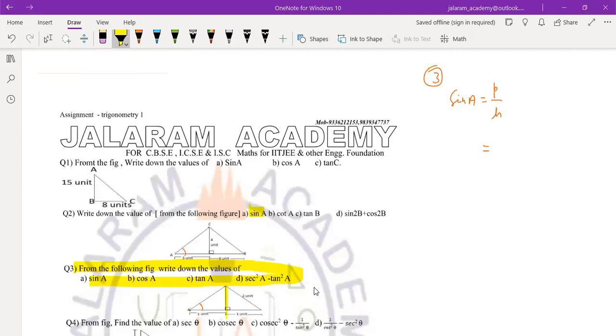In this also, three sides are given. So if you draw a triangle first of all, as no points are given, mark these points.